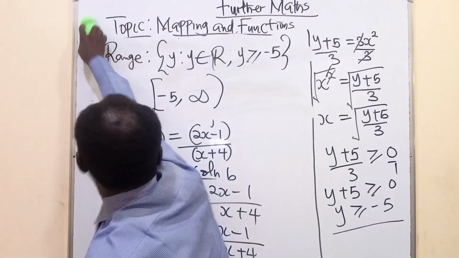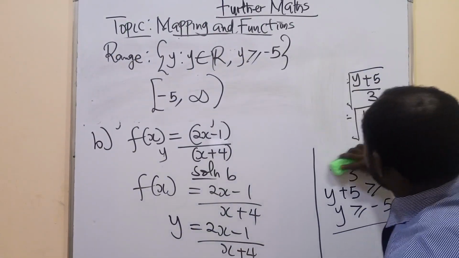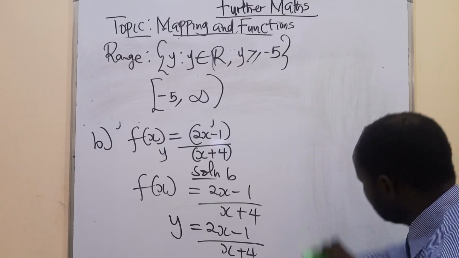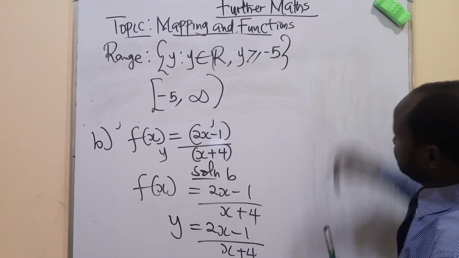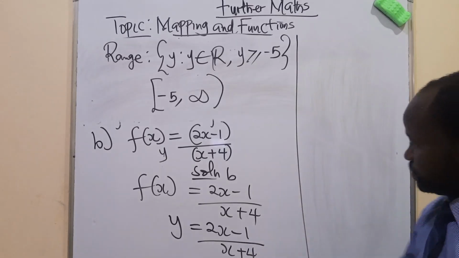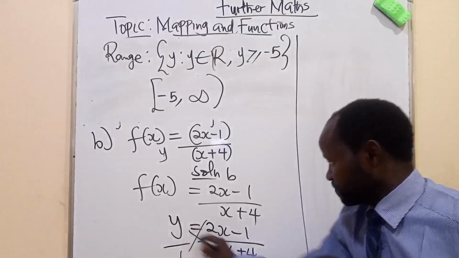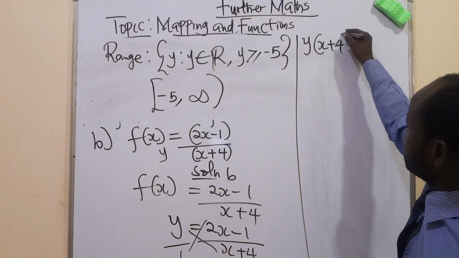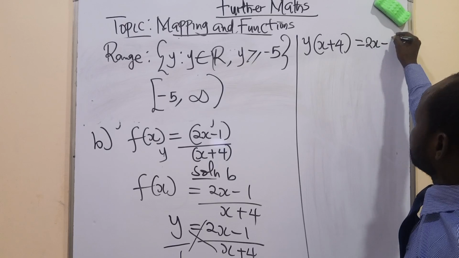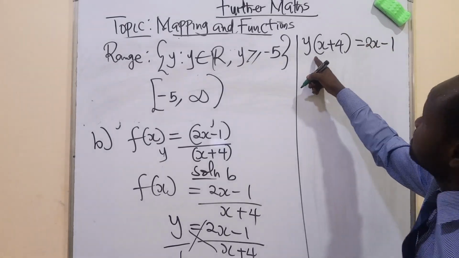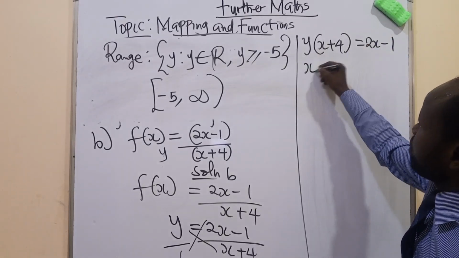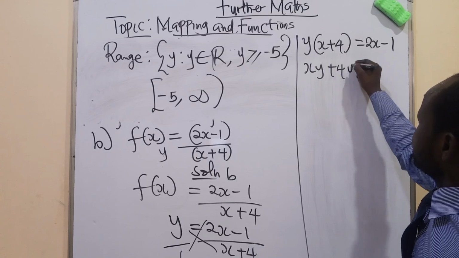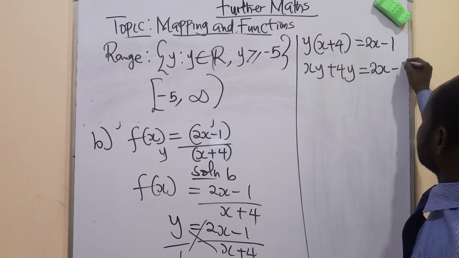Let's make x the subject of the formula. To achieve that, we can cross multiply at this point. So y into x plus 4 equals 2x minus 1. Let's clear the bracket. Y times x is yx, plus 4y, equals 2x minus 1.